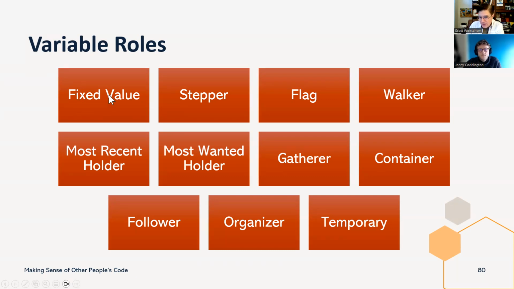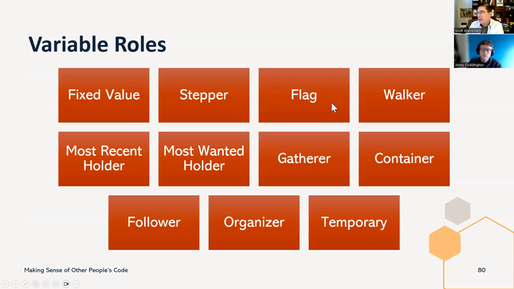A fixed value is a value that doesn't change, like a constant or a read-only value or something from a database or a file. A stepper is a loop iterator or a side step. You can have a flag, an indicator that something has happened, true or false.